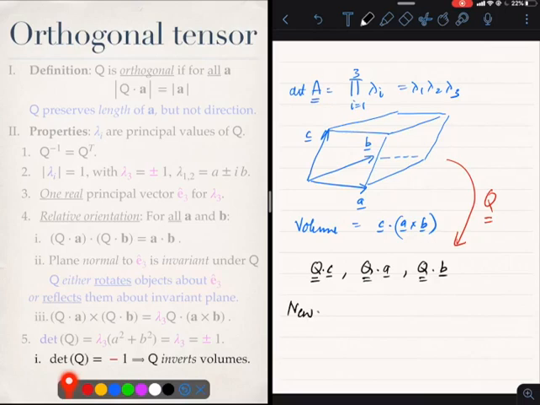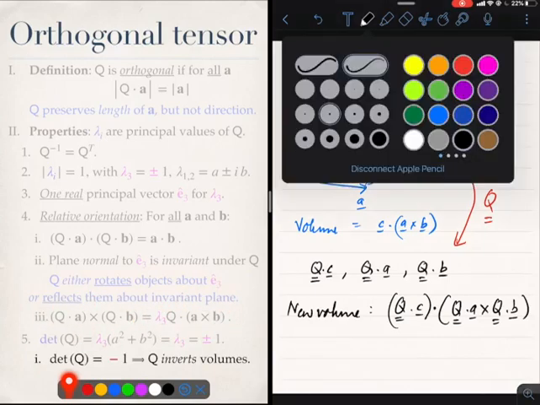So the new volume will be QC dot QA cross QB, and by using these identities, QA cross QB is lambda 3 times C, so let's use that one.